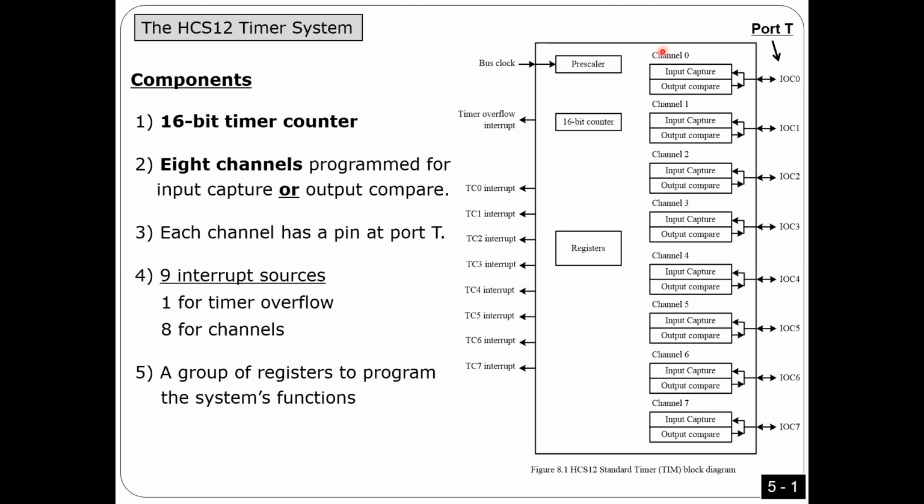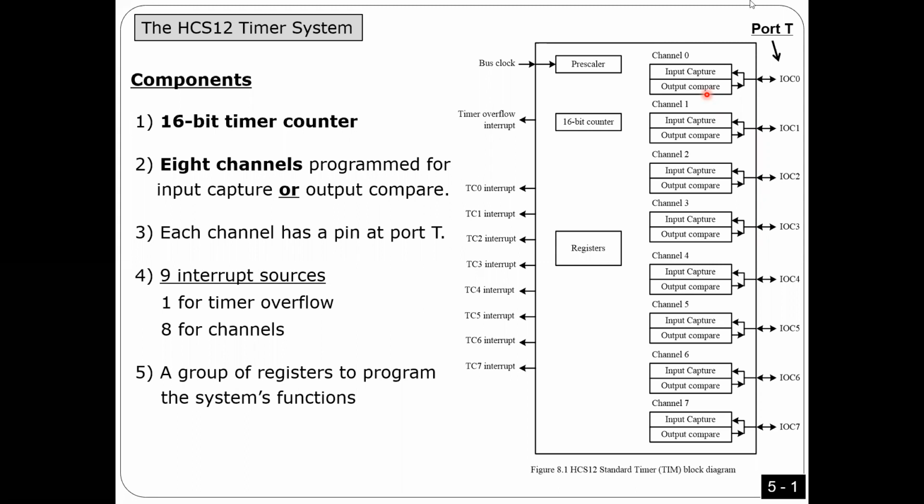Every channel can function as input capture or output compare. Is that okay? I'm going to explain later what I mean by input capture or output compare. But for now, they are two functions. Every channel can do one of them, so you can program every channel to do input capture or to do output compare.